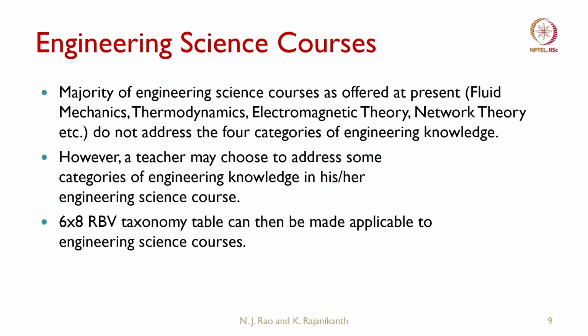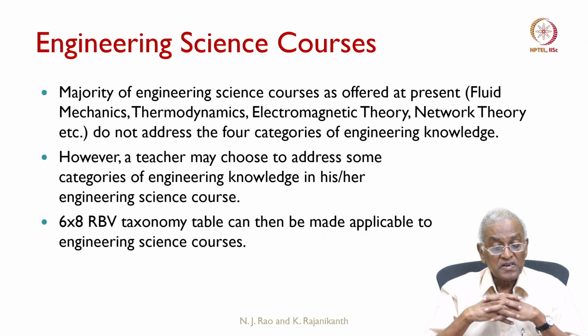In most of the textbooks on engineering science courses, like fluid mechanics, it may not look at any engineering dimension at all. It is just like any other science course, but the concepts and procedures are supposed to be useful later in engineering courses.